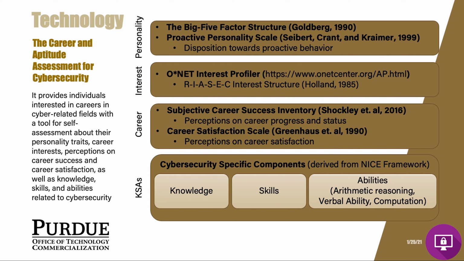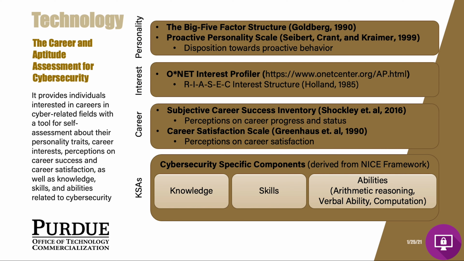From that point, we then move into the career section of the inventory, and we use 2 scales to look at the subjective career success inventory, or perceptions on career progress and status that an individual may have, as well as their career satisfaction perceptions, which is measured on a different scale. The last section of the inventory is a cybersecurity specific set of components, all derived from the NICE framework.